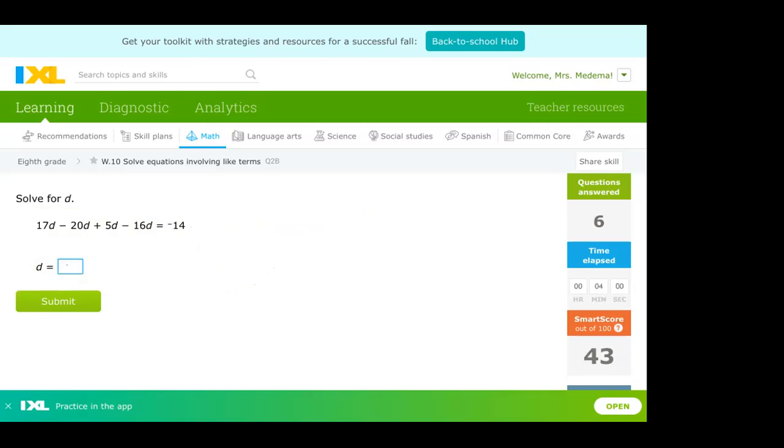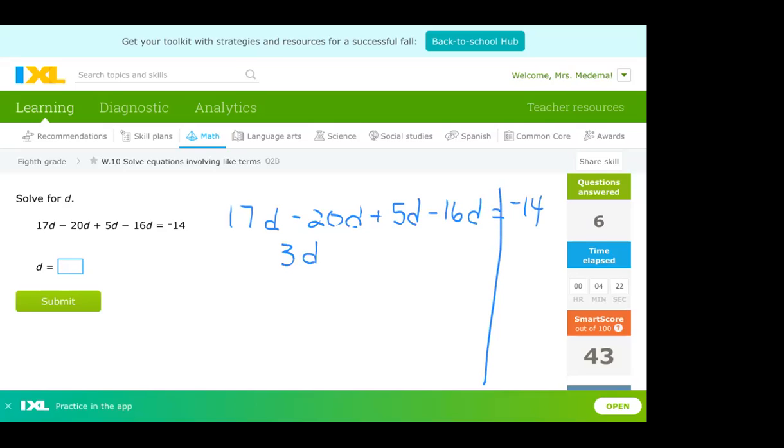All right, next we have 17d minus 20d plus 5d minus 16d equals negative 14. Draw my fence. All right, left to right. 17 take away 20 is a negative 3d. And then combining negative 3 to 5, I get 2d.